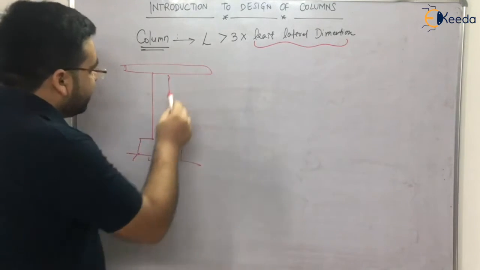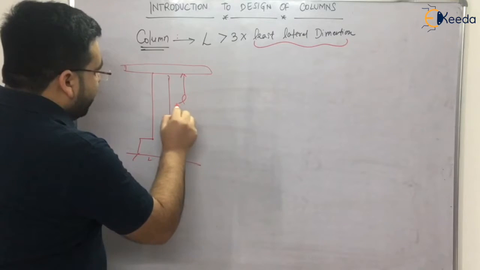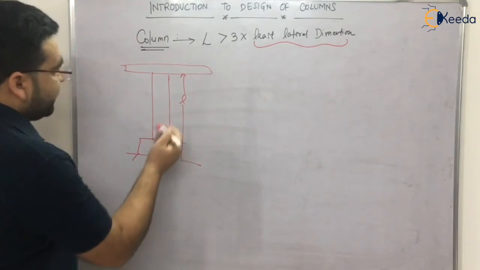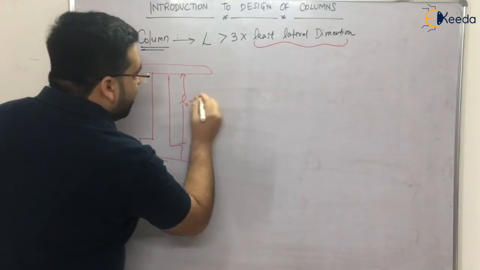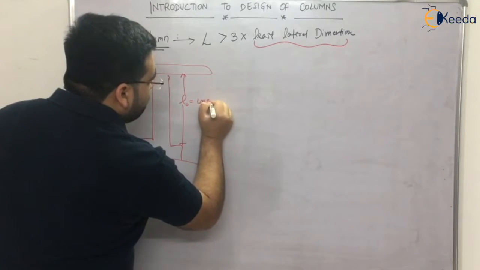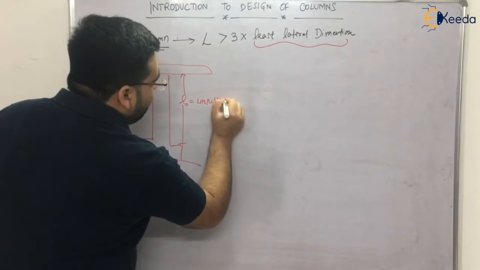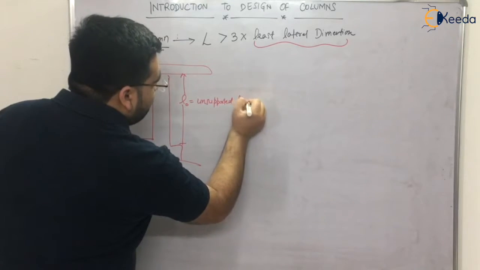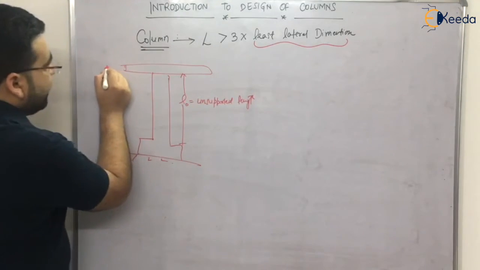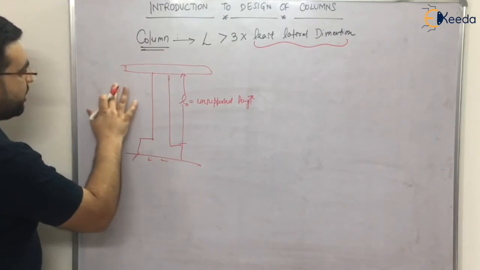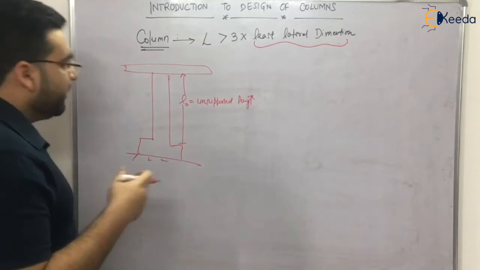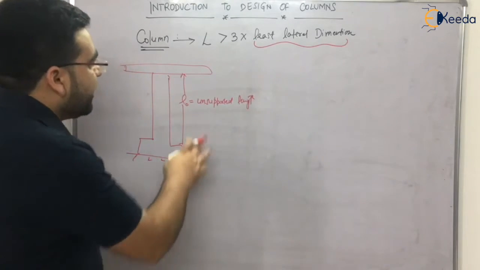Now this is your unsupported length, or the clear length. L0 is the unsupported length. And this is the effective length, which I will explain when I go to the design of columns.